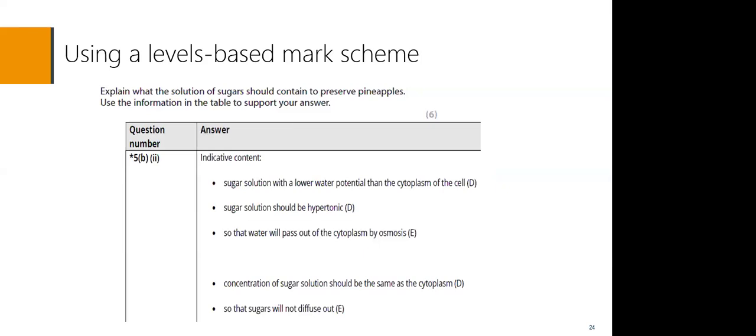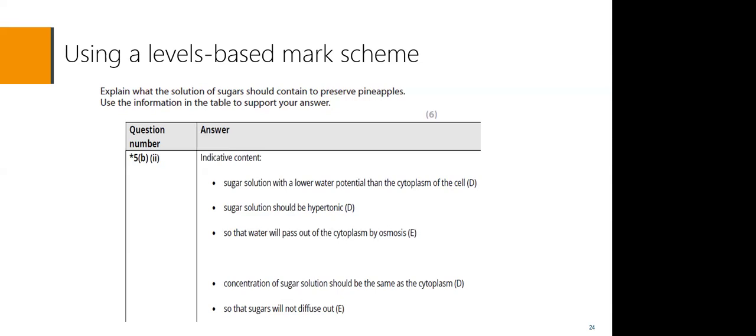Now, if we look at the level-based mark schemes, a number of 6-mark questions, there are always 6-mark questions, not fewer than that. And there will be at least 1 and sometimes 2 on each of the papers for units 1, 2, 4, and 5. The mark schemes for a level-based question have 2 components.